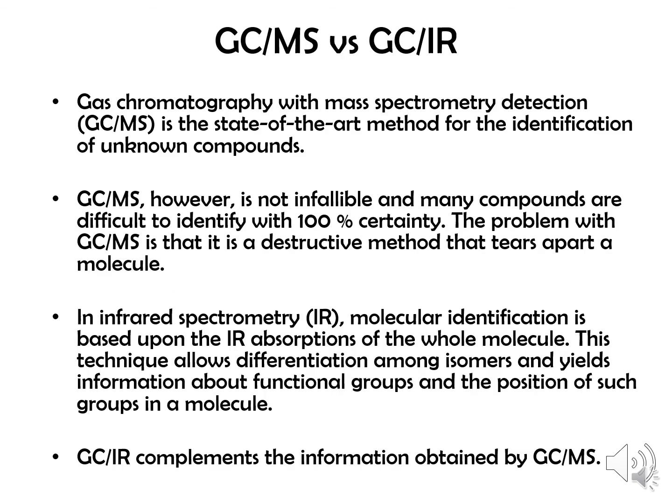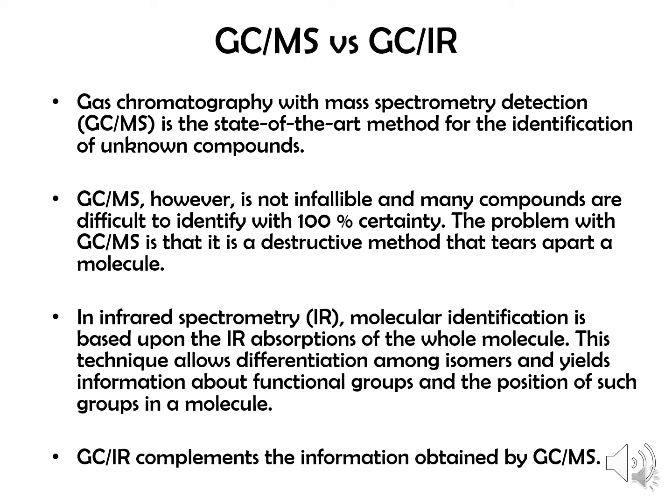So GCMS versus GCIR. Gas chromatography with mass spectrometry detection is a state-of-the-art method for the identification of unknown compounds. Can't deny that. GCMS, however, is not infallible, and many compounds are difficult to identify with 100% certainty. The problem with GCMS is that it's a destructive method that tears apart a molecule.